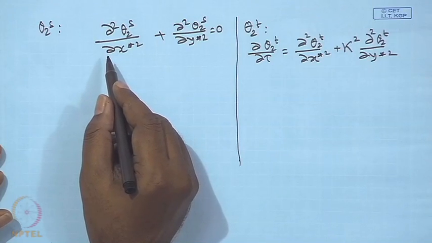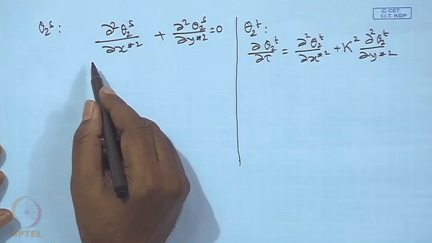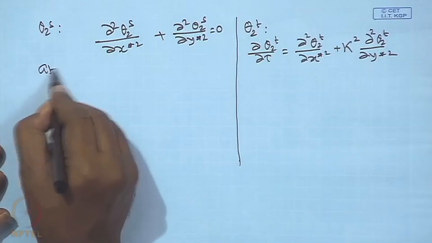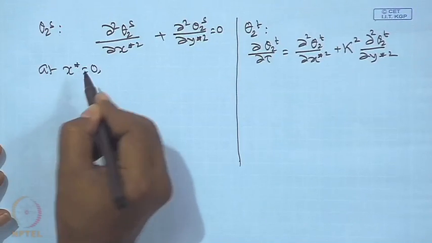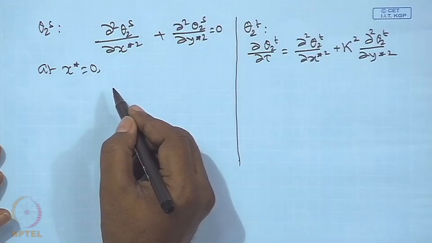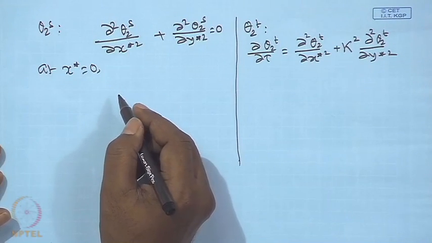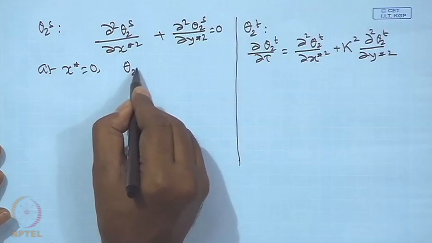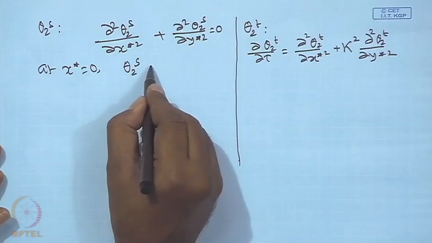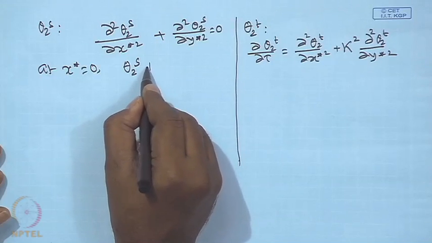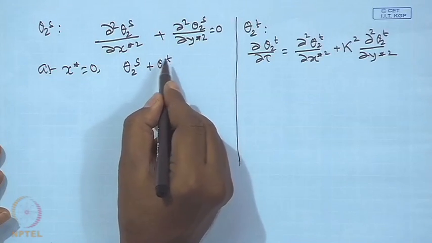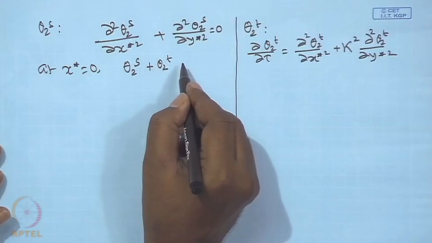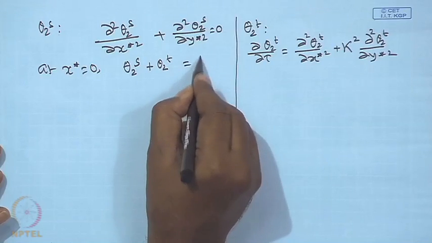The original problem in this case is theta 2, that is the parent problem for this. At x star is equal to 0, we have theta 2 is equal to 1. So, therefore, we put theta 2 s plus theta 2 t is equal to 1.